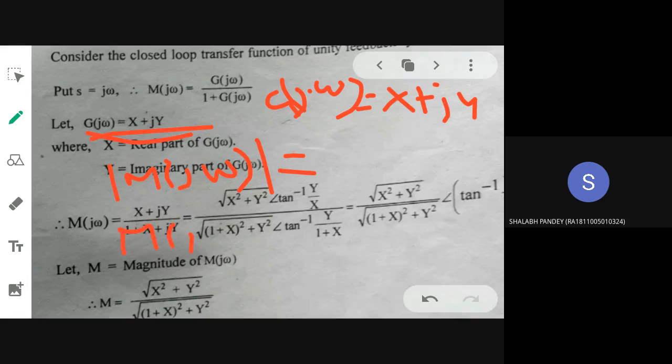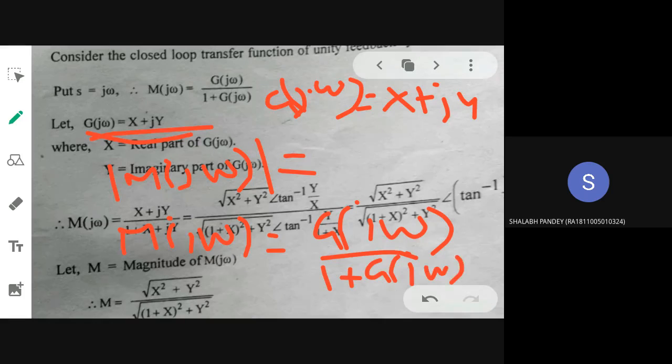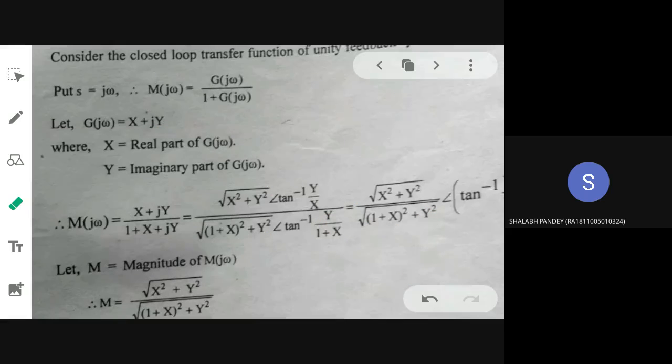M of j omega is given by G of j omega divided by 1 plus G of j omega, which is x plus jy divided by 1 plus x plus jy.